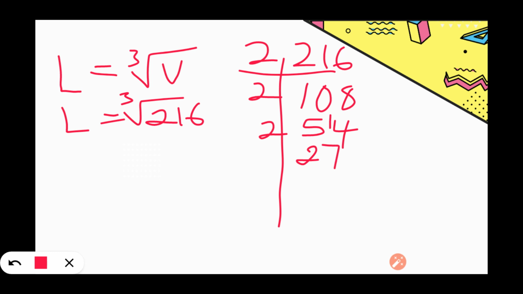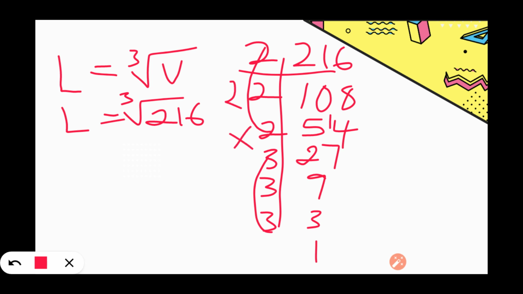7. 3 into 27 is 9. 3 into 9 is 3. Then 3 into 3 is what? 1. I group them in what? 3s, yes. 1, 2, 3, this is my first group. 1, 2, 3, this is another one. I take 1 out of this group, that's 2 times 3. 2 times 3 is what? 6.